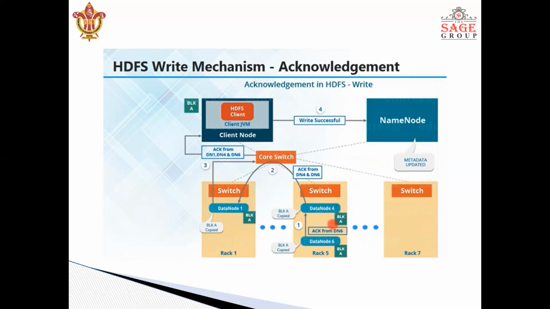At first, data node number 6 will give the acknowledgement to data node number 4, saying that I have copied block A successfully, and then data node 4 will pass it to data node number 1.